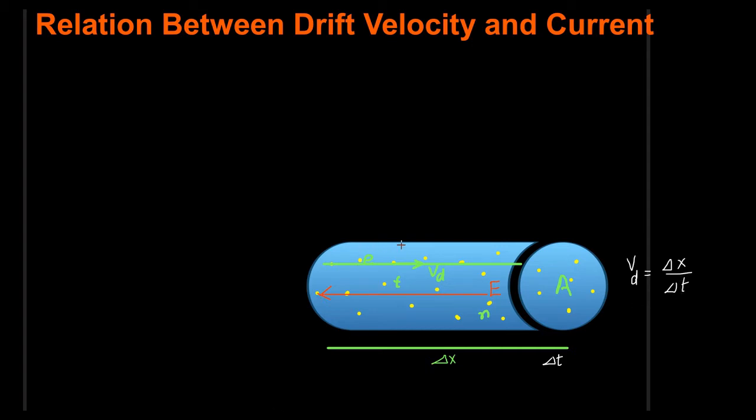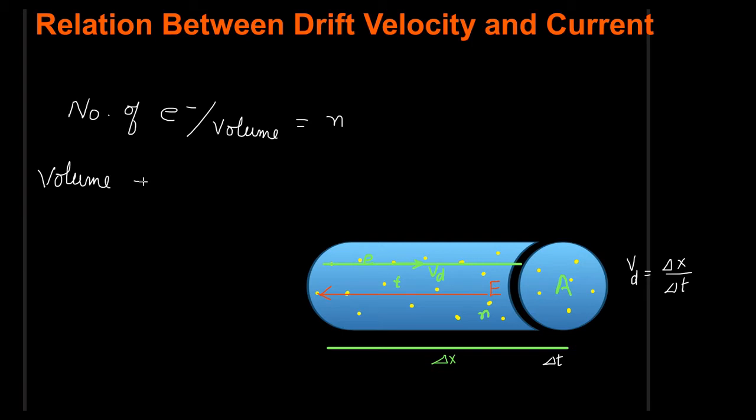Let us imagine in this conductor, per unit volume, there are n number of free electrons. So the number of free electrons in the conductor per unit volume, let it be n. If A is the area of cross section and delta x is the length, what is the volume of the conductor?